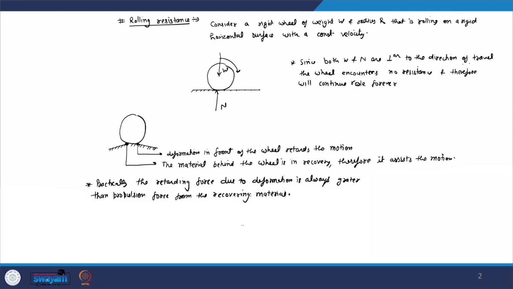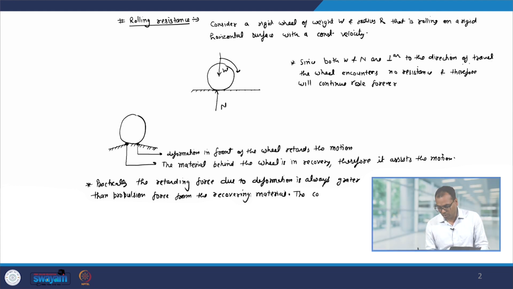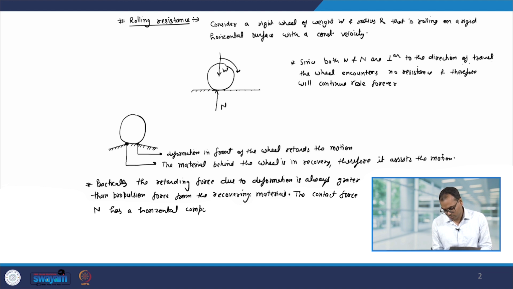And because of that the contact force N will have a horizontal component which will oppose the motion.